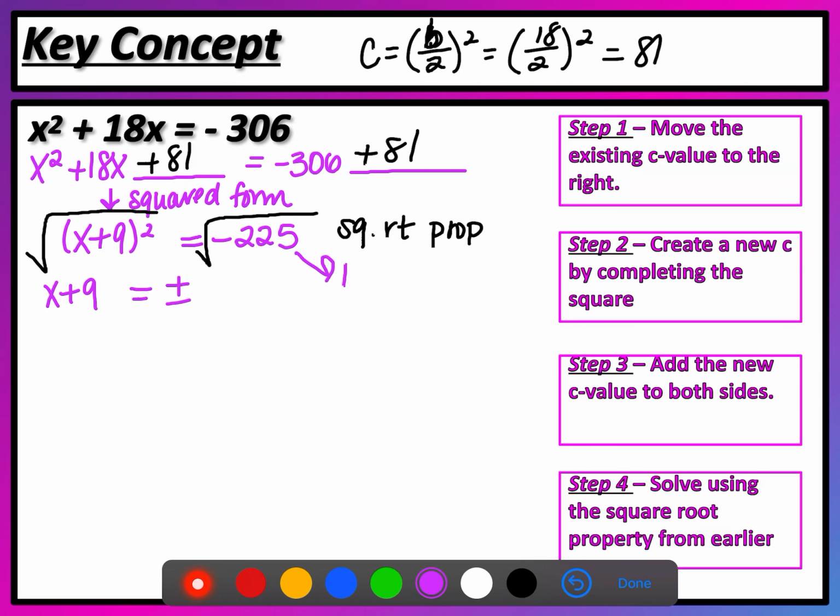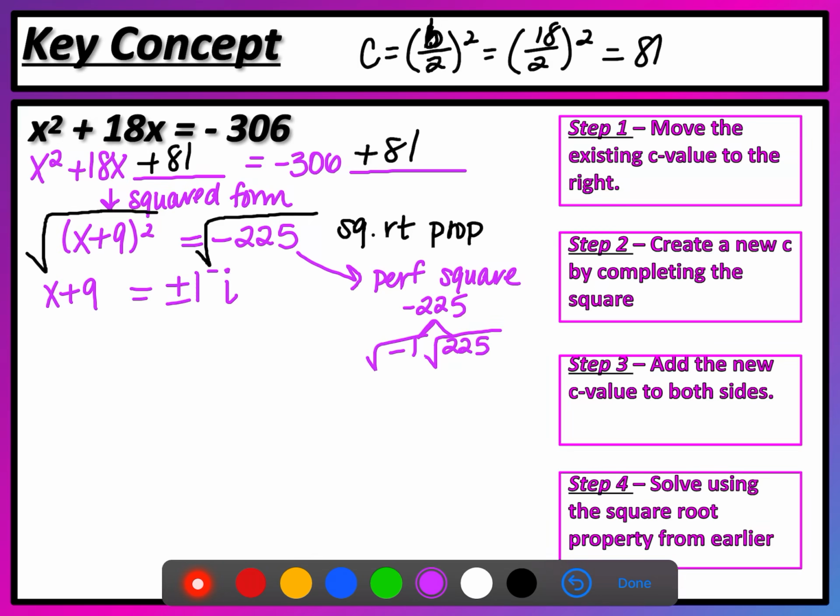Okay, so 225 is a perfect square. And there's a negative. So I would split negative 225 into negative 1 and 225. Okay, so the square root of negative 1 is i.